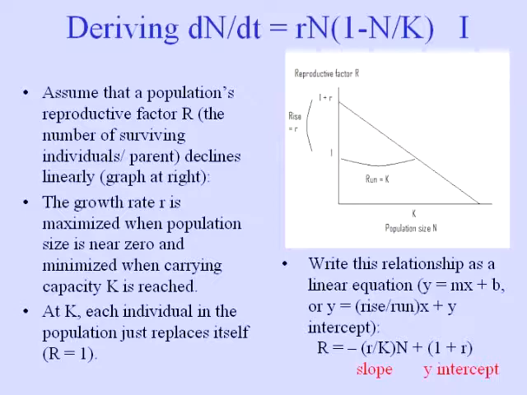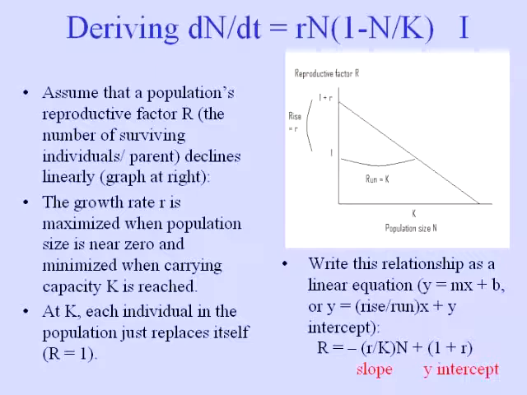And so now all we need to do is do a little substituting. The rise over the run is simply r over K. That's the slope of our line. And the y-intercept is 1 plus r, the place where the graph crosses the y-axis.